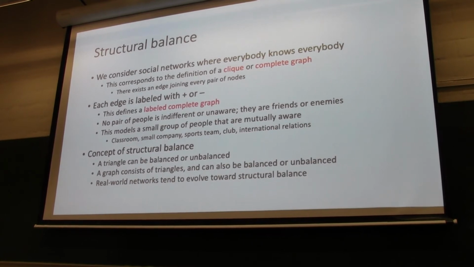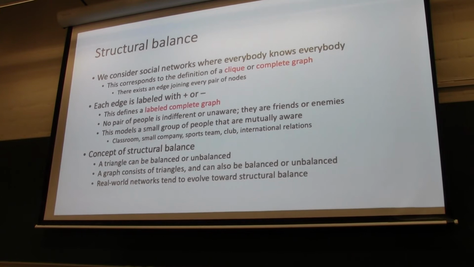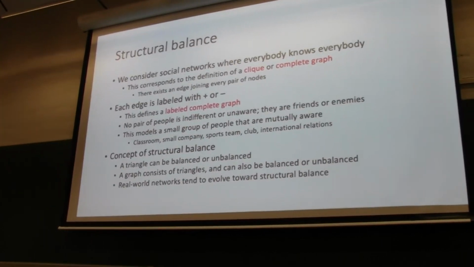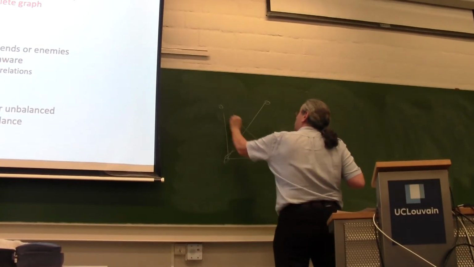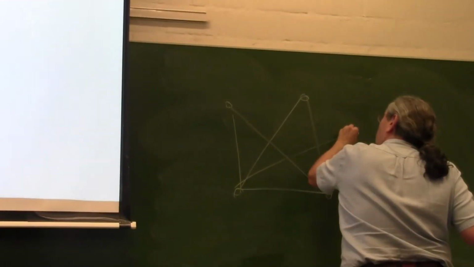This is called a complete graph. All of the nodes know each other. There exists an edge joining every pair. So if I have 5 nodes, for example, I have edges joining all pairs. Like that, for example.